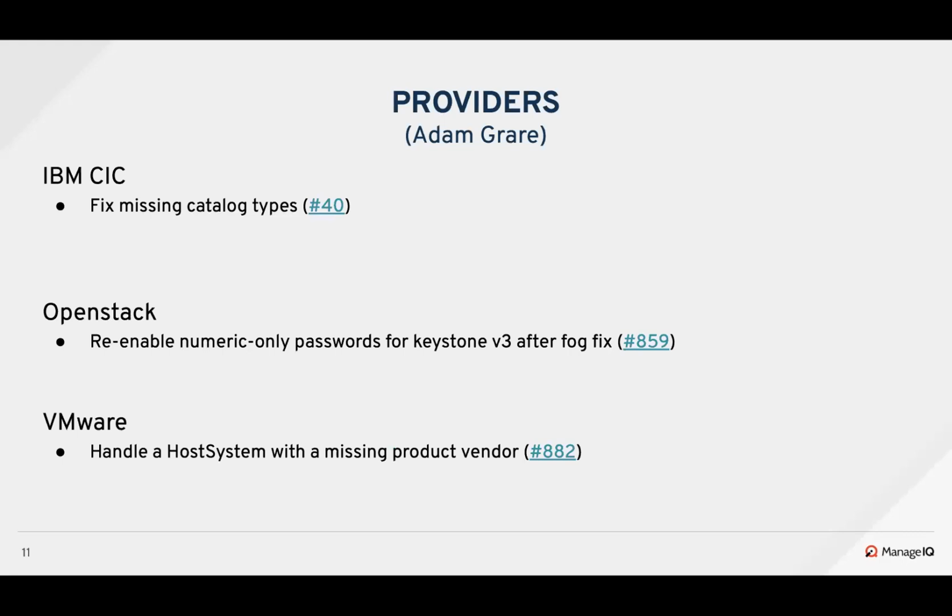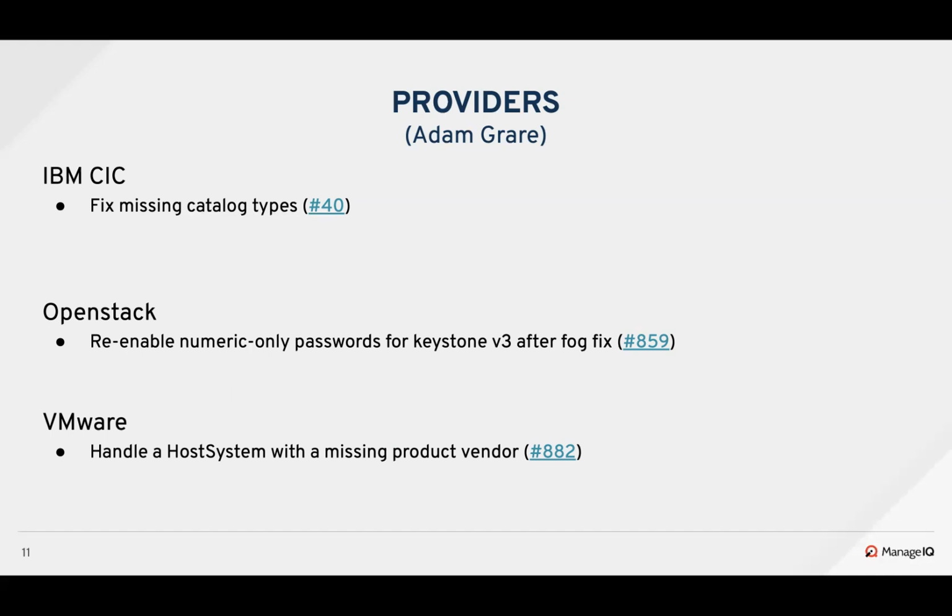For OpenStack, we fixed a bug where numeric-only passwords were being explicitly dropped as an option. This was causing issues where if a user actually had a password with only numbers, you were unable to refresh the OpenStack provider. This was particularly an issue for a community user using oVirt and the Neutron OVN provider.